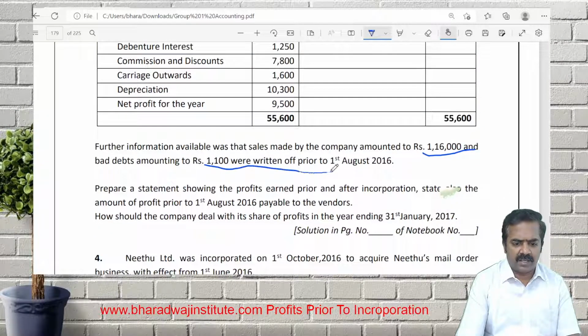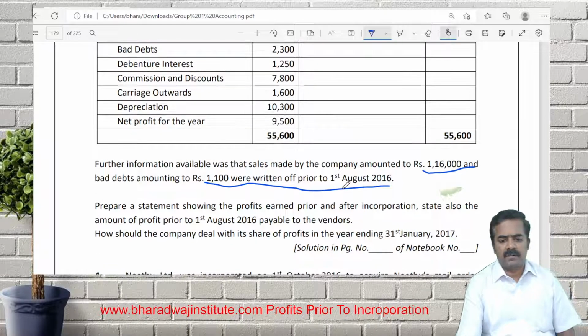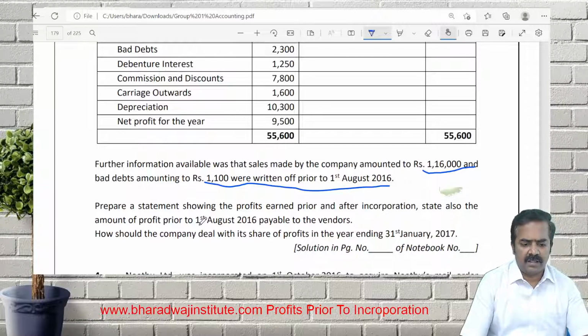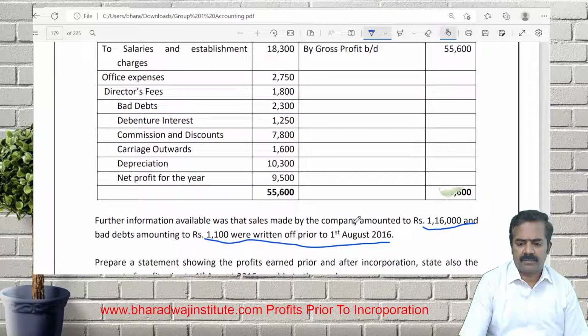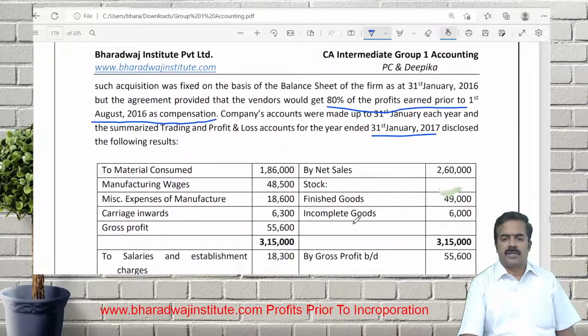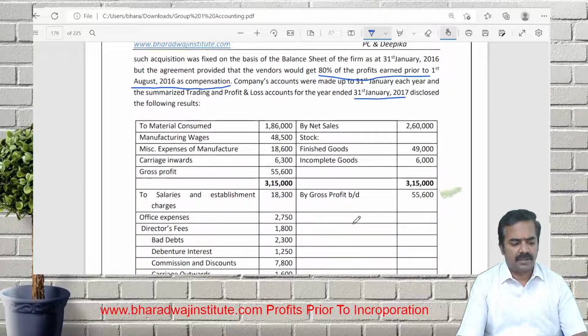Bad debts were written off prior to which date? 1st August 2016. Prepare a statement showing pre and post incorporation profit and state the amount payable to vendors. Read through the question once again. Everybody, please read through the question once again, then we will solve it.